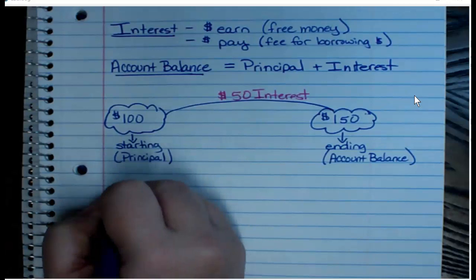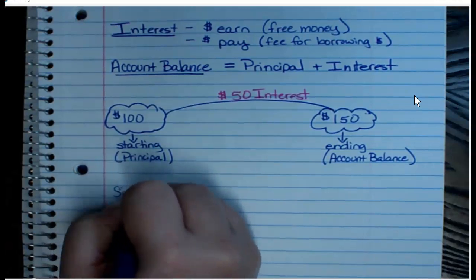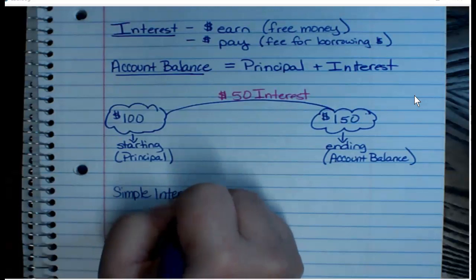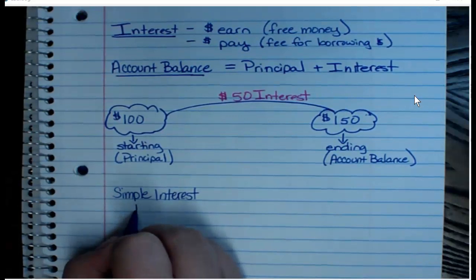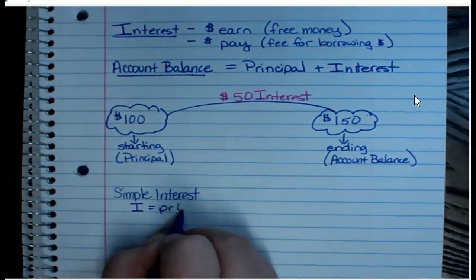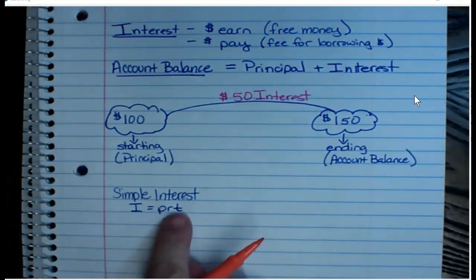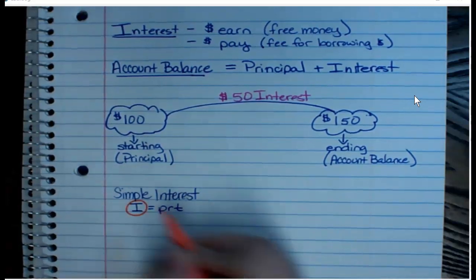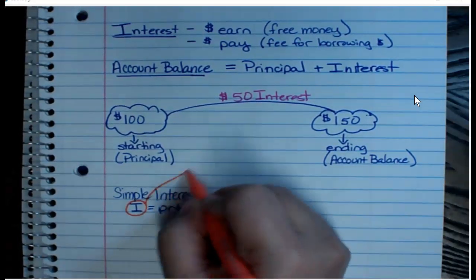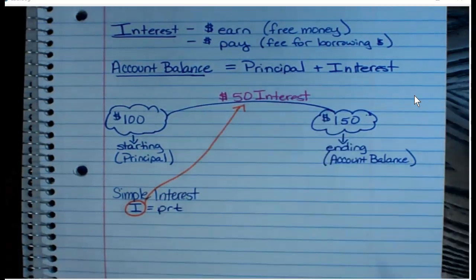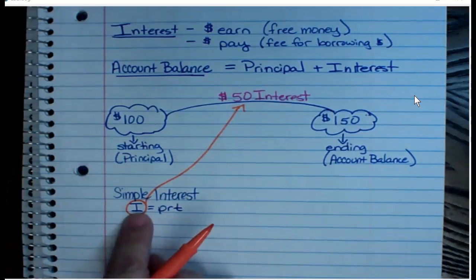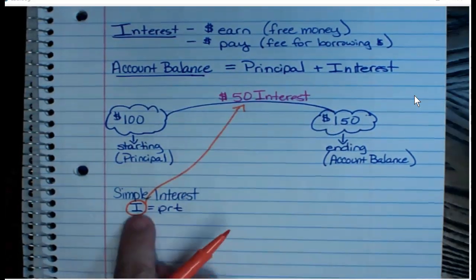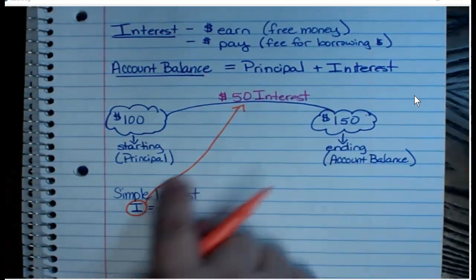I could have a simple interest. And we know the formula for simple interest is I equals PRT. Well, if I'm solving a simple interest formula, I'm solving for the letter I. That letter I is our interest amount. Simple interest formula is only going to give us our interest amount. Does it give us our account balance? No, I for interest.